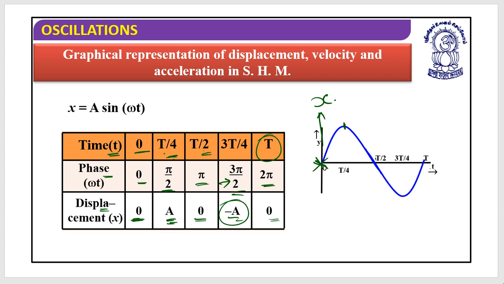At t equal to T by 2, half of the time period, it is at 0. At t equal to 3T by 4, it is at minus a. And at t equal to T, it is at 0 displacement. I hope this is clear. Is it clear? So this is how the displacement graph for the SHM is seen.